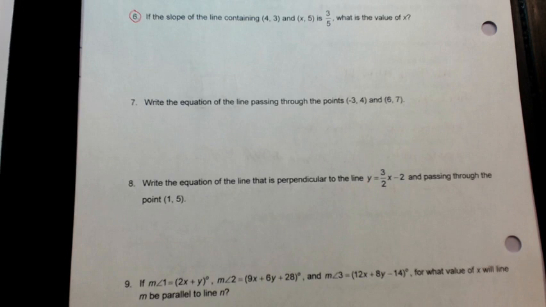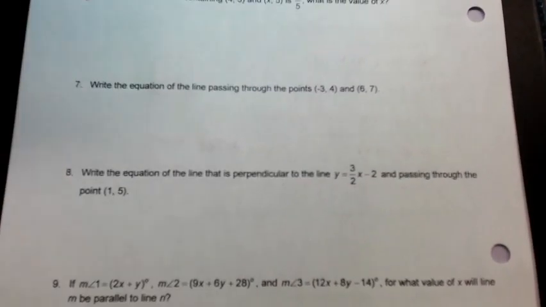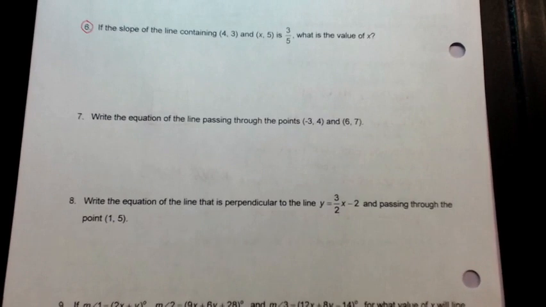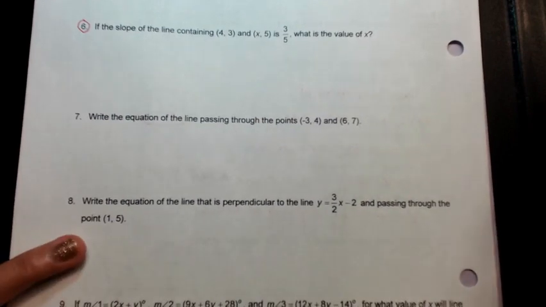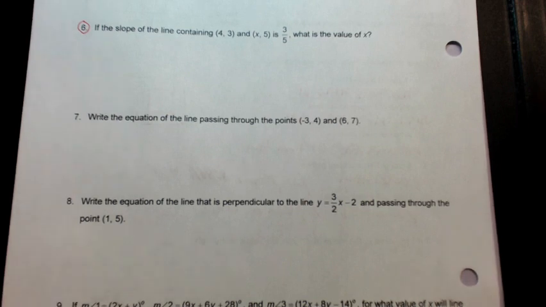Okay, on number 6. Spencer, let's read this one out loud, please. If the slope of a line containing 4, 3, and x, 5 is 3/5, what is the value of x?